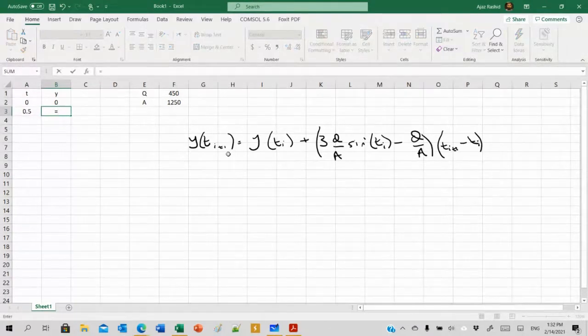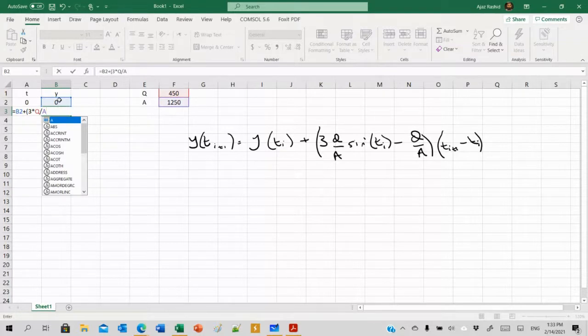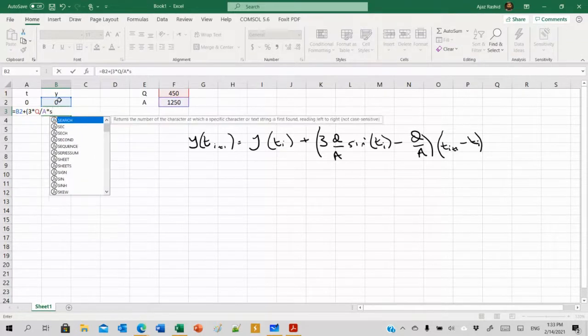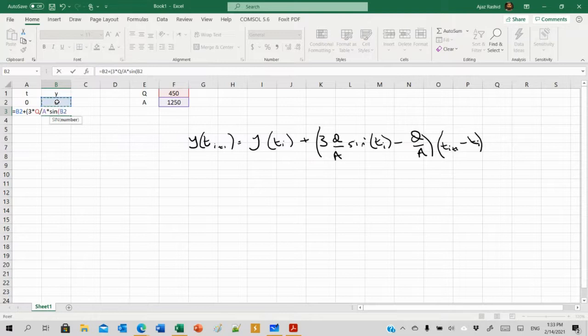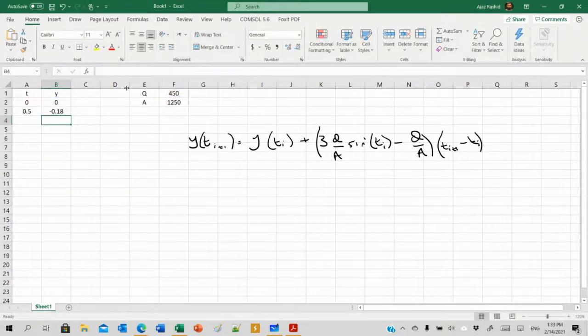This is Y(i+1) is Y(i) plus 3 multiplied by Q divided by A multiplied by sine of T squared minus Q over A, multiplied by this time minus the previous time. Both of them in a bracket.